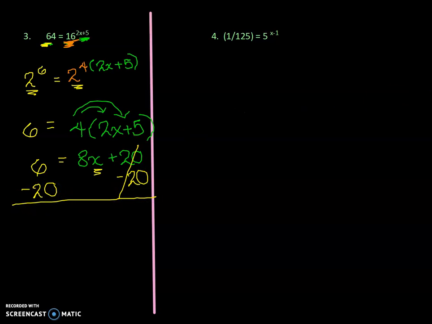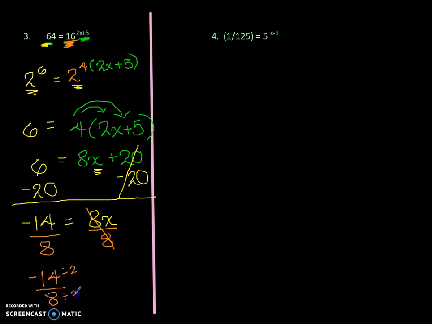We have 6 minus 20, which gives me negative 14, equals, bring down the 8x. And finally, x is being multiplied to 8, so we divide on both sides. 14 and 8 don't go into each other, so I'm going to reduce it by dividing both by 2, and that'll give me negative 7 over 4, which equals x.